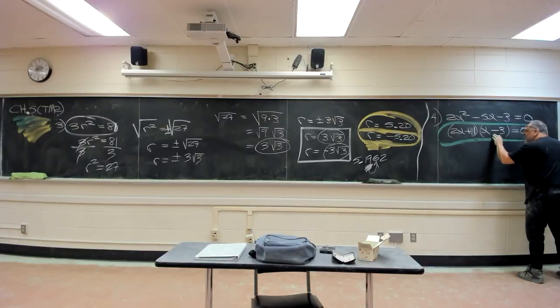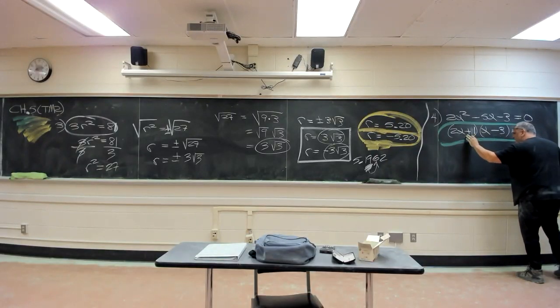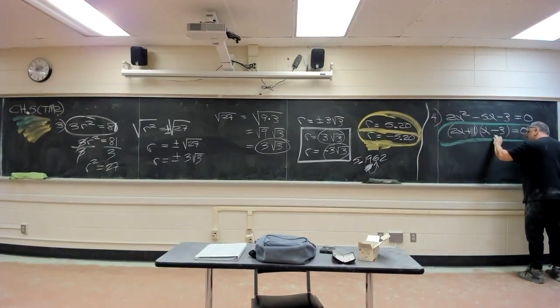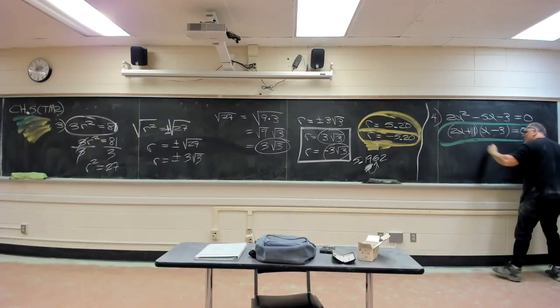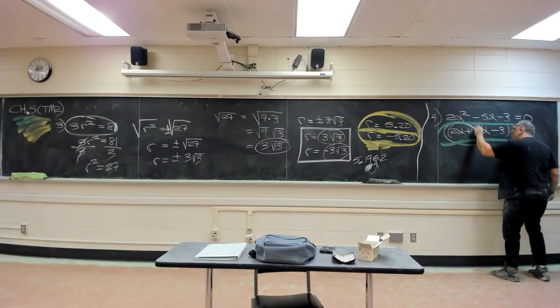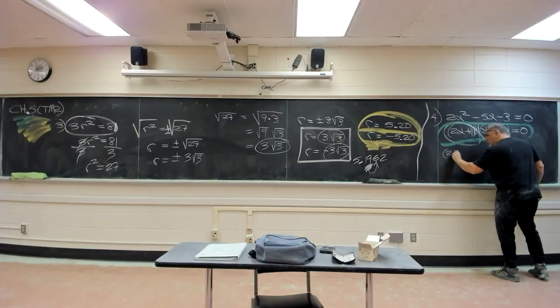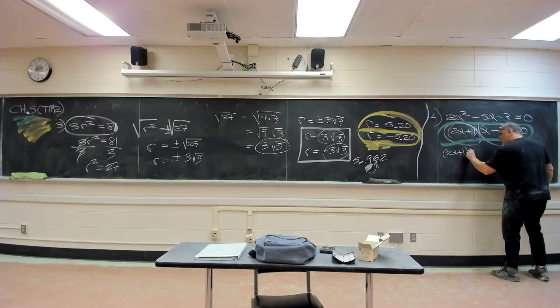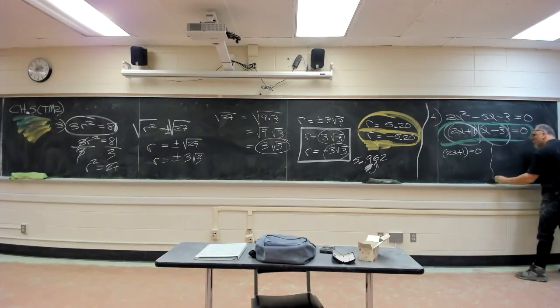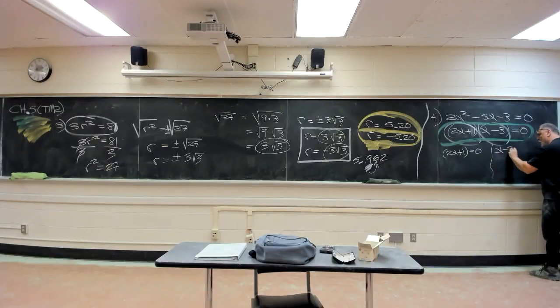This could be 59 trillion, and this could be 0. 0 times 59 trillion is still 0. If this guy's 0 or if that guy's 0, you're set. In other words, 2x plus 1 could equal 0, or x minus 3 could equal 0.